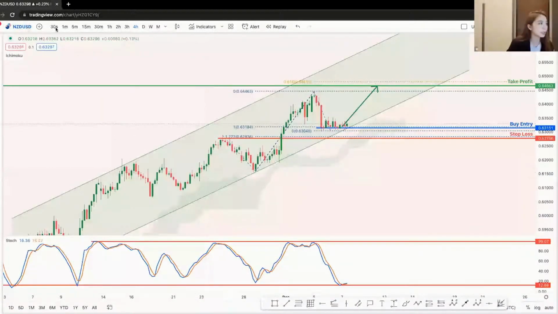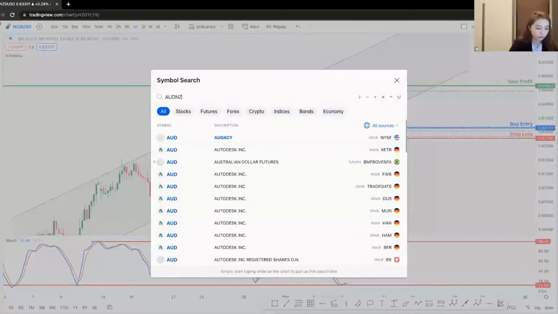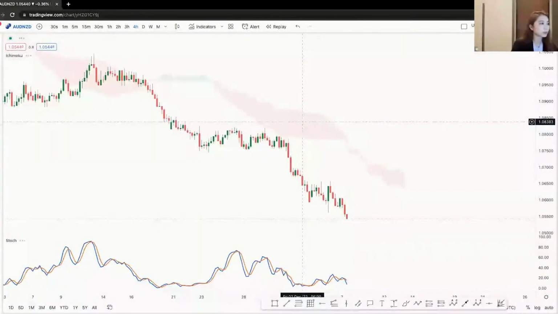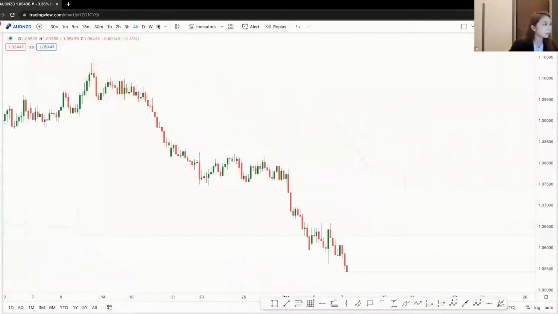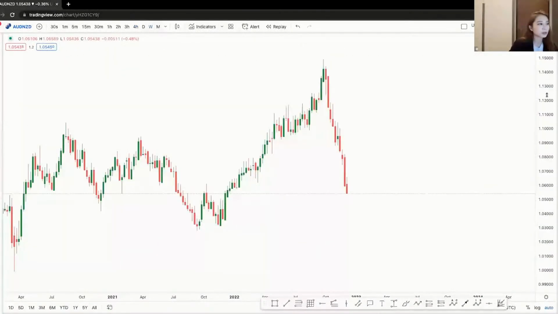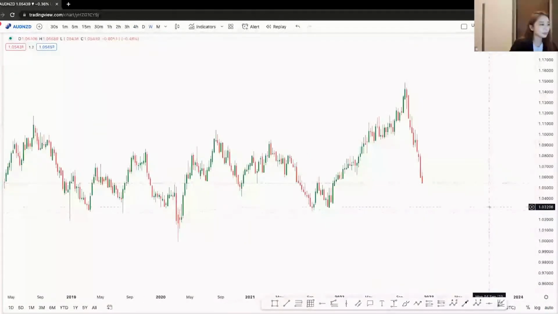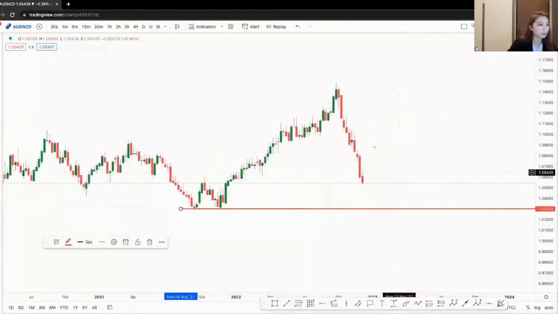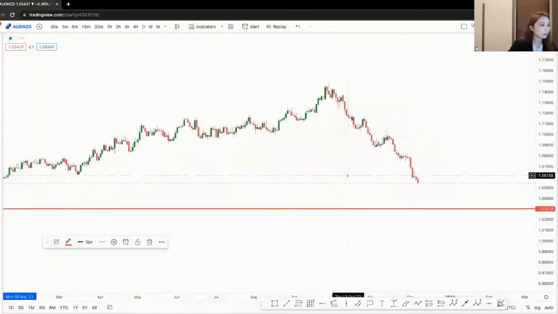Okay, let's move on to the next pair. Let's do unusual pairs like Aussie Kiwi. Let's do it on the weekly basis with an upcoming support here. Strong decline from the resistance here. Okay, let's look at daily.